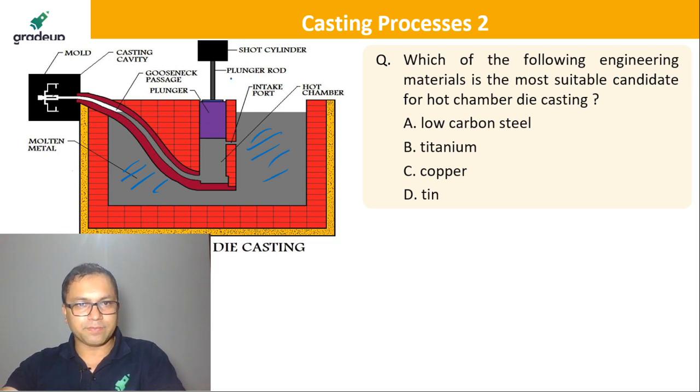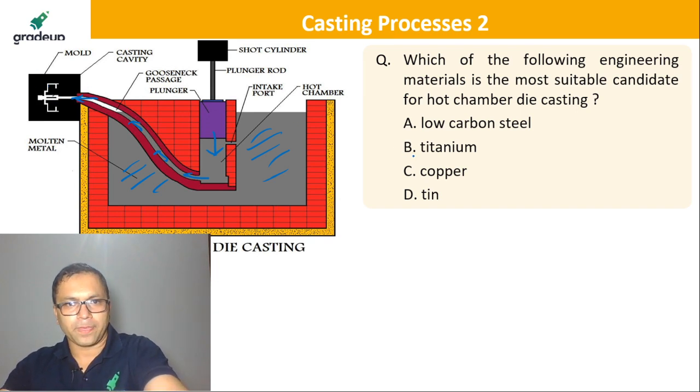Now through this plunger rod, this plunger is moved in this direction, okay? Now this hot molten metal is poured into a mold cavity like this, okay, and there the solidification takes place. So this is how we do a hot chamber die casting here.